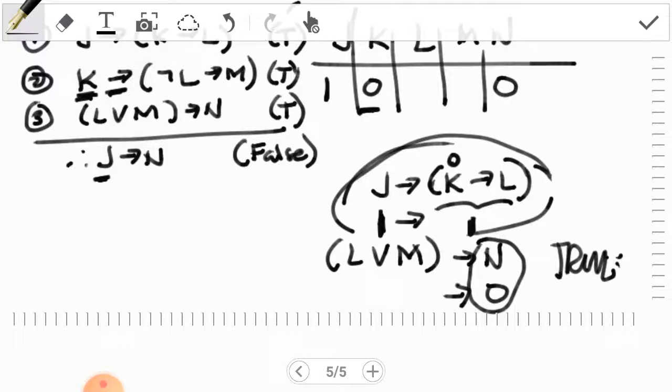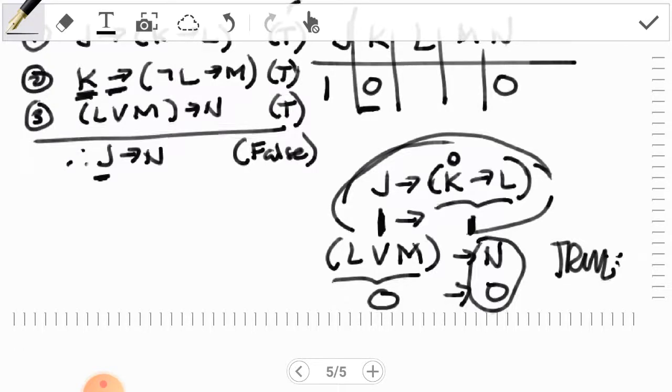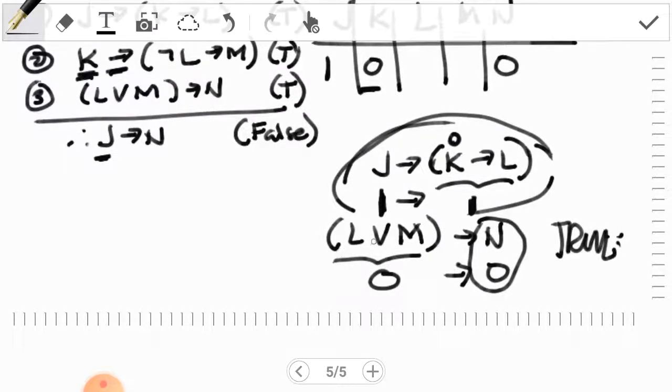then it should mean that this must be false. Because this is an implication, if L or M becomes true, implies false, then this will become false, which is what we don't desire, because what we desire is to make the entire third proposition true.